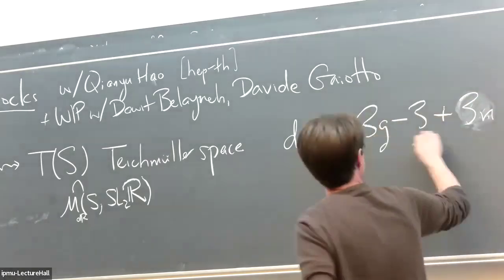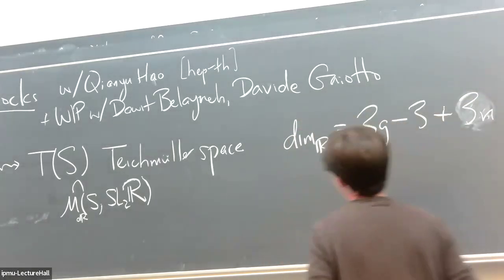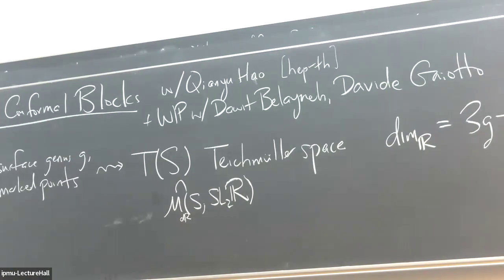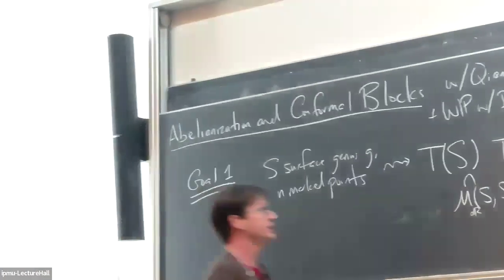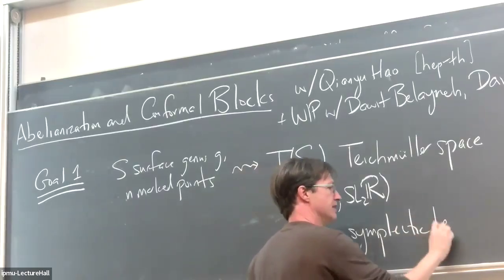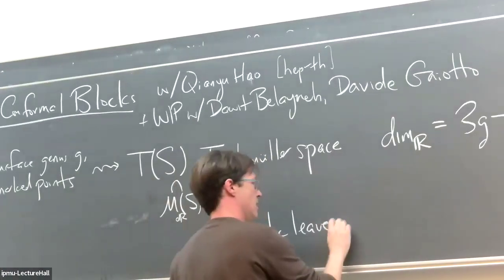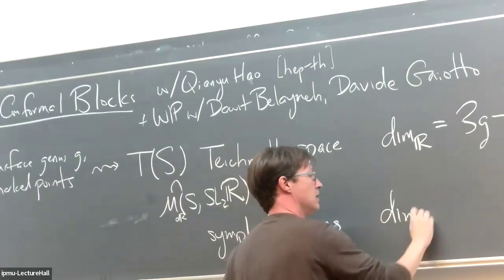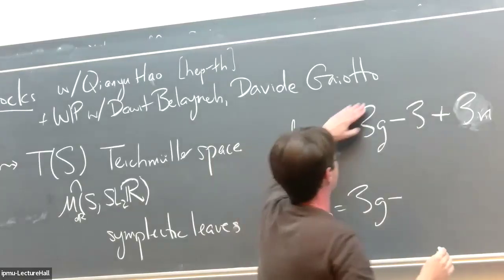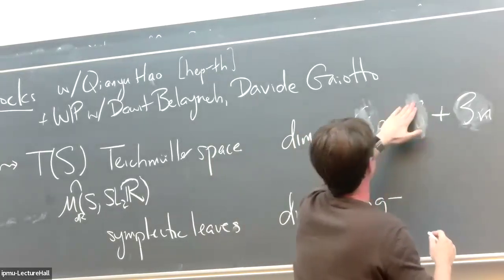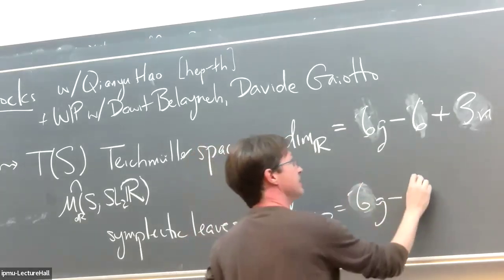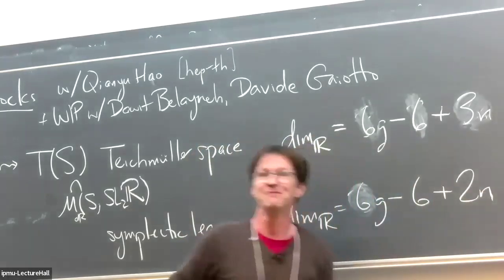If I don't fix them, then it has this dimension and it's Poisson, but the Poisson structure has symplectic leaves. Oh, sorry, double. 16 minus 6 plus 2. Thank you.